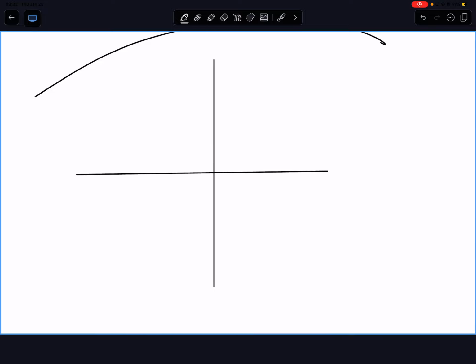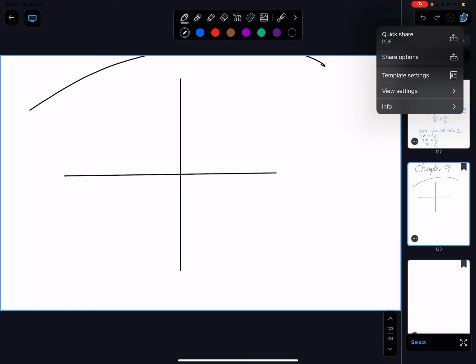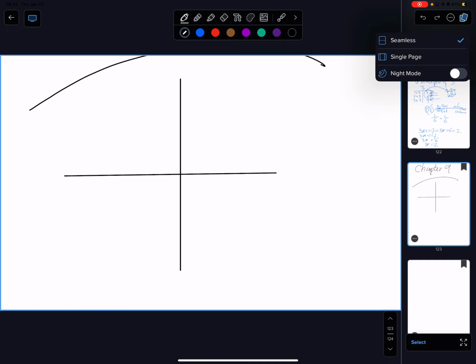So in your notebook, draw a graph ranging from -3 to 3. Let me change the layout.